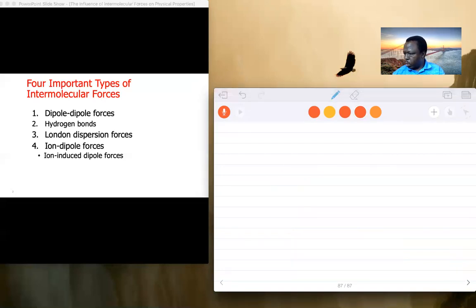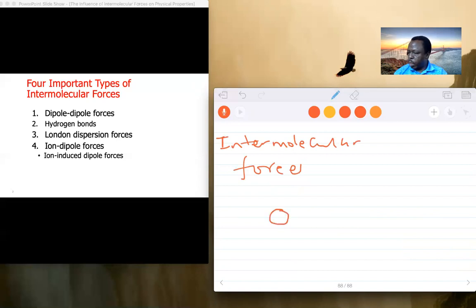So this is what I'm trying to say. Intermolecular forces are forces between two separate molecules. For example, H2O. This is the molecular structure of H2O.